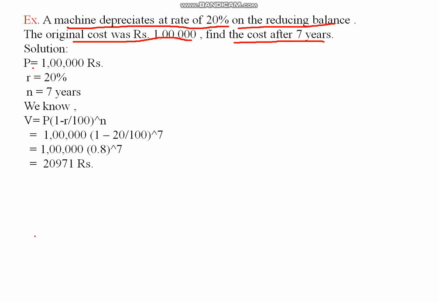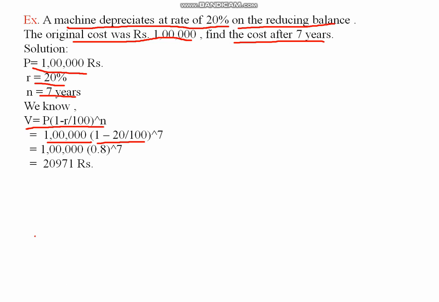P is given here as 1 lakh rupees, R is given as 20% and N is equal to 7 years. After 7 years we have to find the cost. We know the formula in case of decay: V equal to P in bracket 1 minus R upon 100 raised to N. So P is 1 lakh, and 1 minus 20 upon 100 raised to 7.